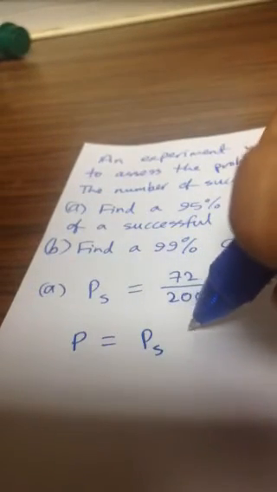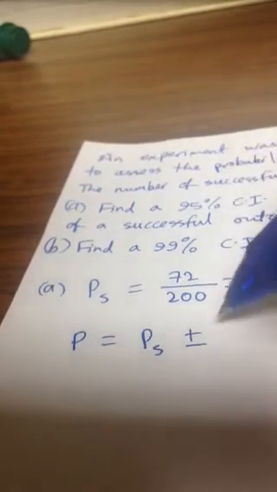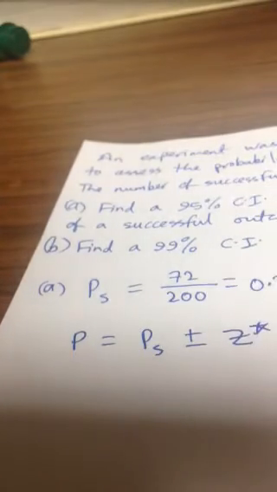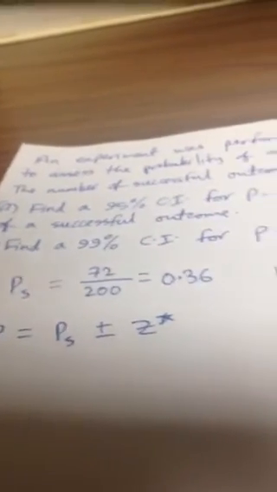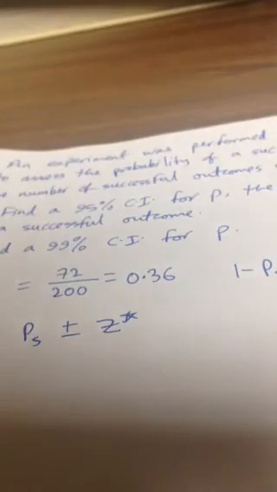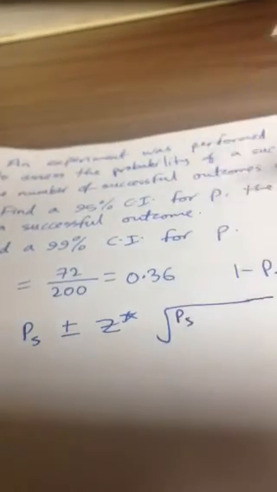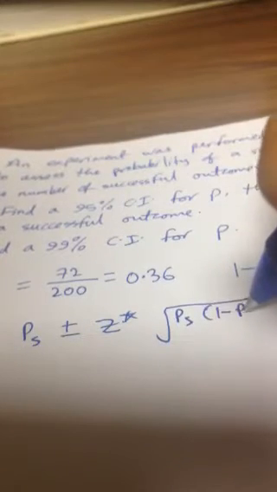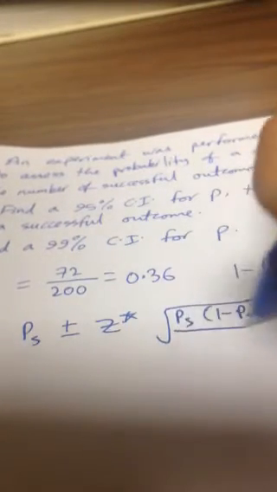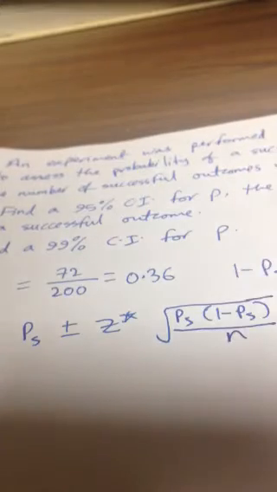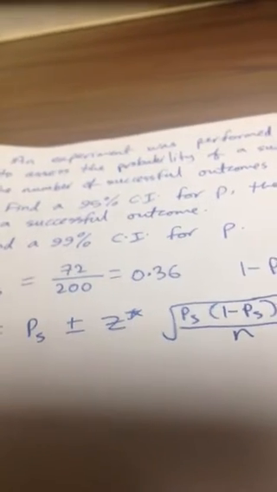To the sample proportion, we're going to add or minus Z star, which again, that value varies according to the confidence interval. For a 95% confidence interval, Z star will be 1.96, plus or minus Z star by the standard error, which will be given as the square root of P sub S by 1 minus P sub S over N, the number of trials, which in this case is 200.